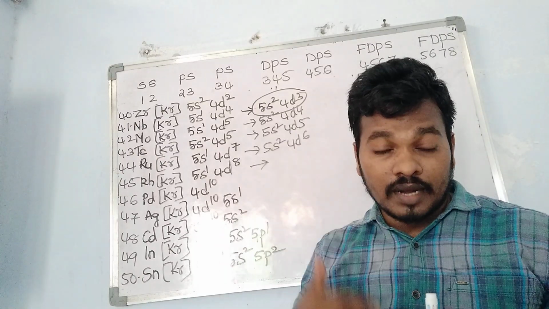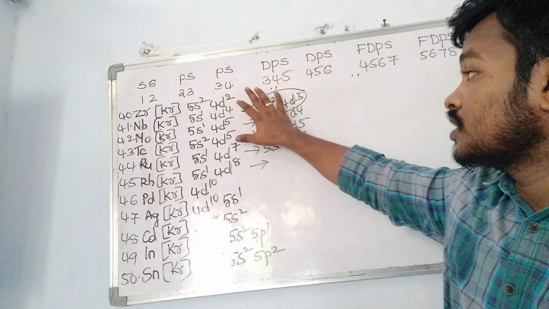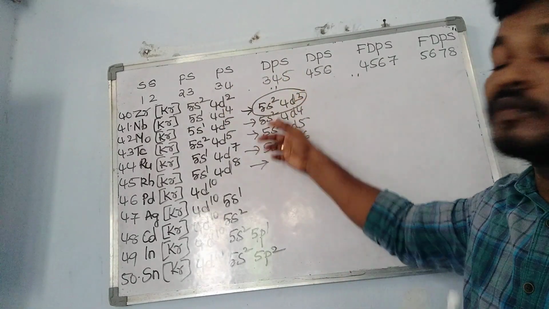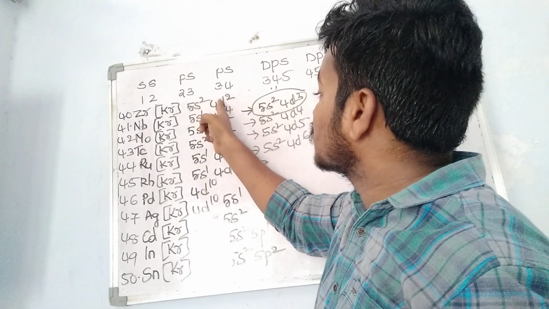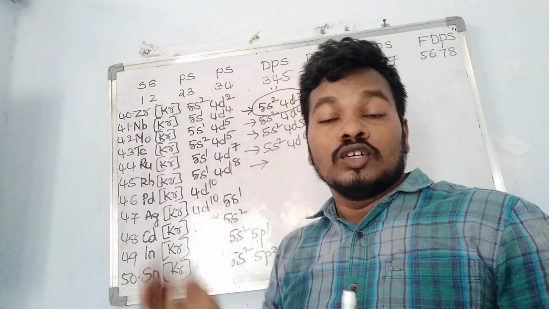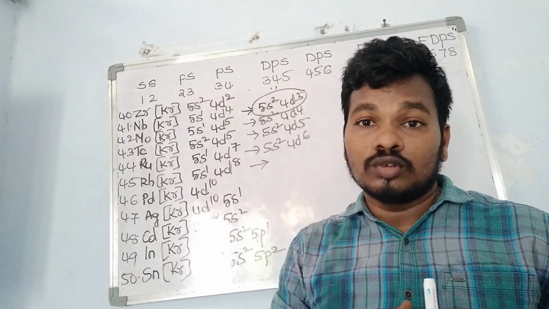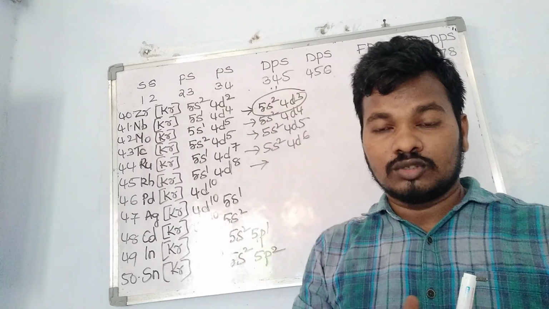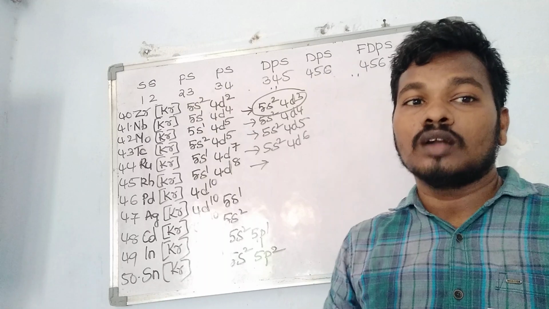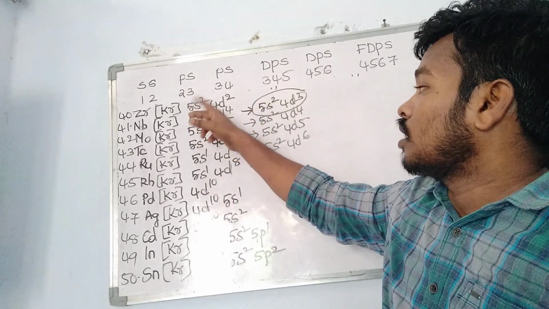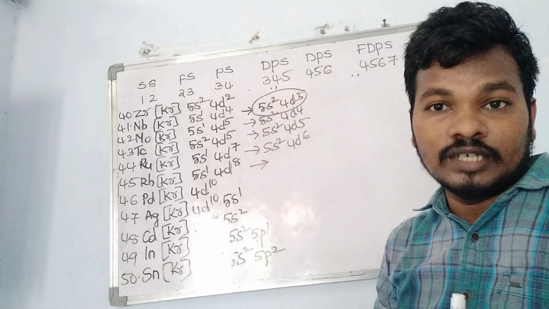To overcome the repulsion, the electrons fill in this way. So always remember, when the orbitals are bigger, repulsions will be more. To decrease the repulsions and favor the filling of the electrons, the valence electrons come into the d subshell.